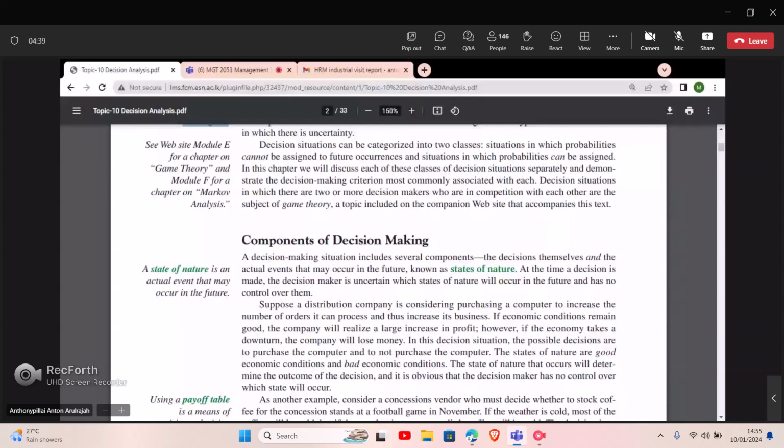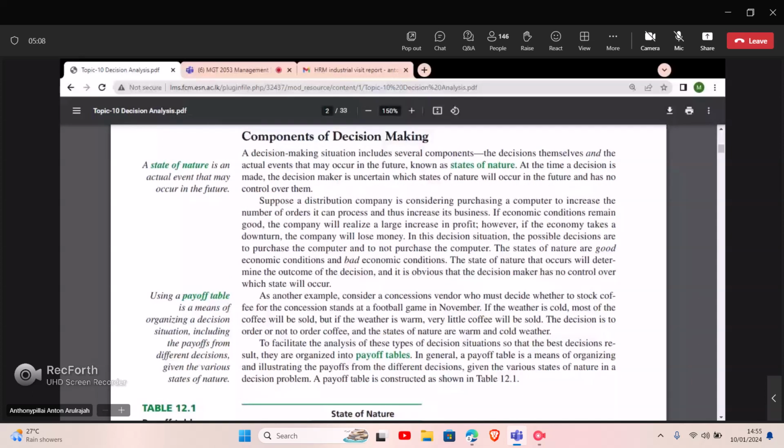In decision making, there is a term called state of nature. You can download this from LMS. It is an actual event that may occur in the future. Also, there is a payoff table.